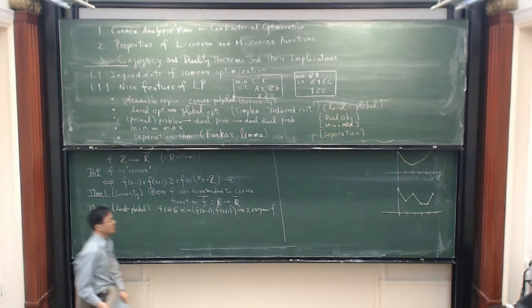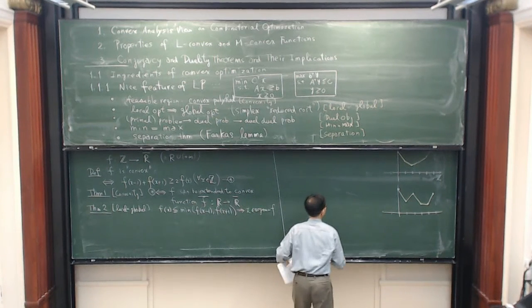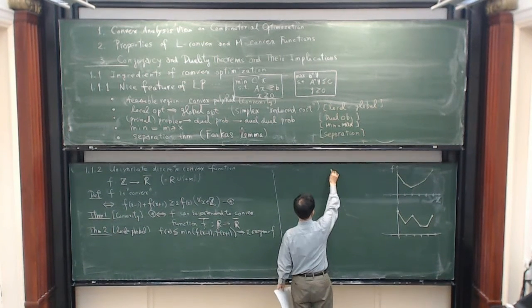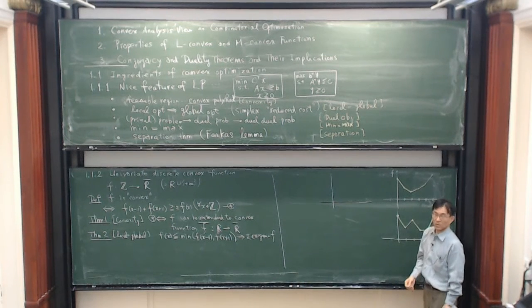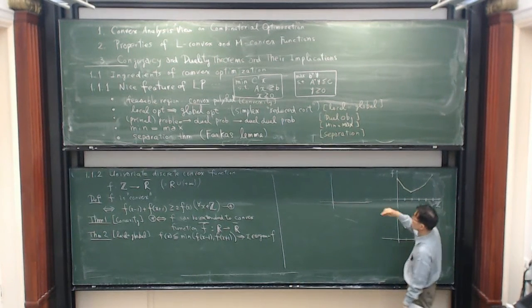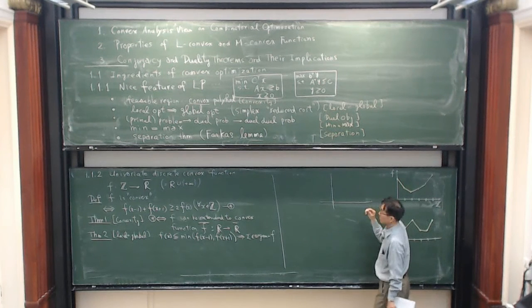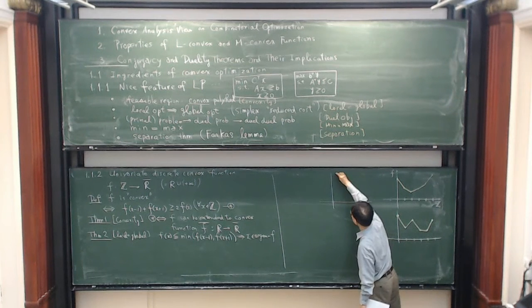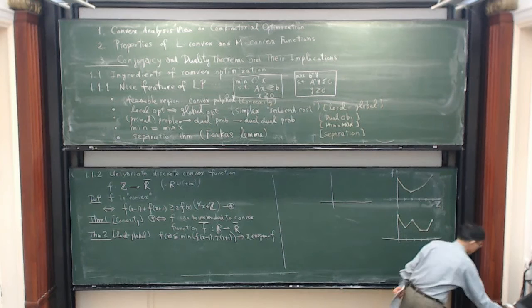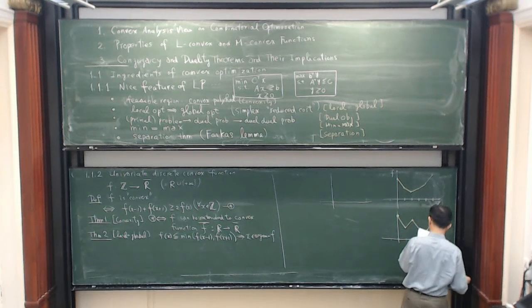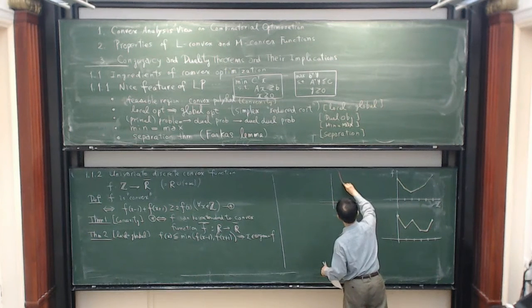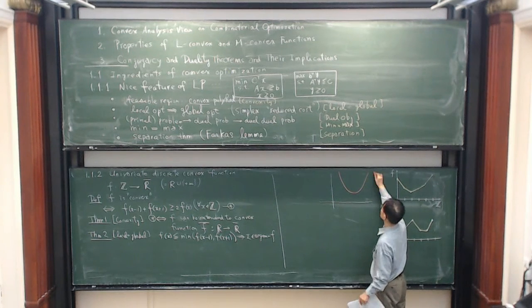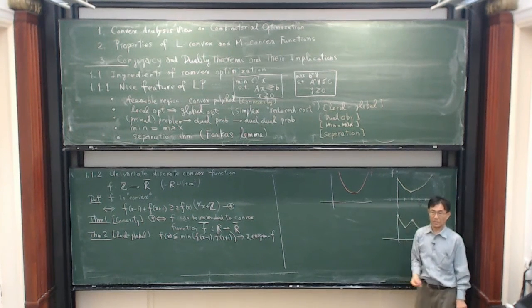So suppose we have a convex function, whether continuous or discrete. Maybe it's easier to draw a picture in a continuous case. So suppose this is f.